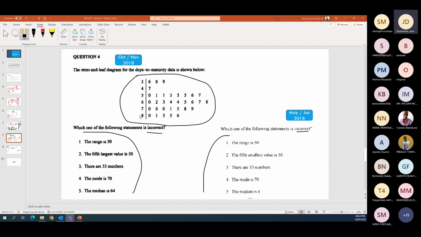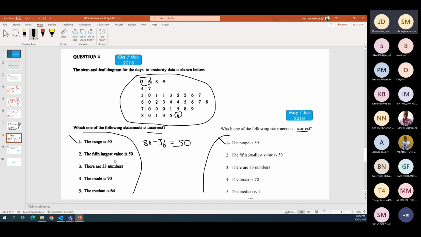The maximum number is 86. The minimum number is 36. So 86 minus 36 is equal to 50. So the range is 50, which is correct. Let's look at the next question.